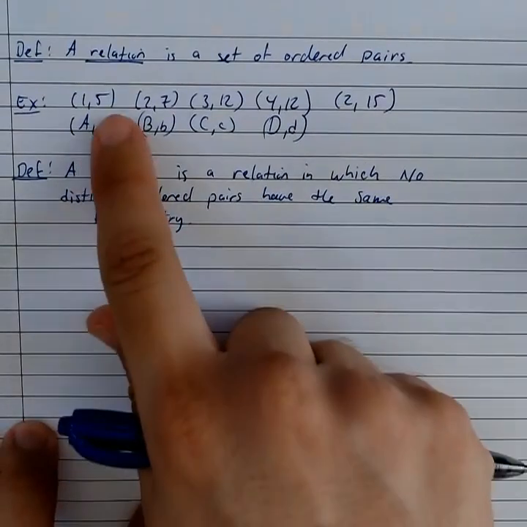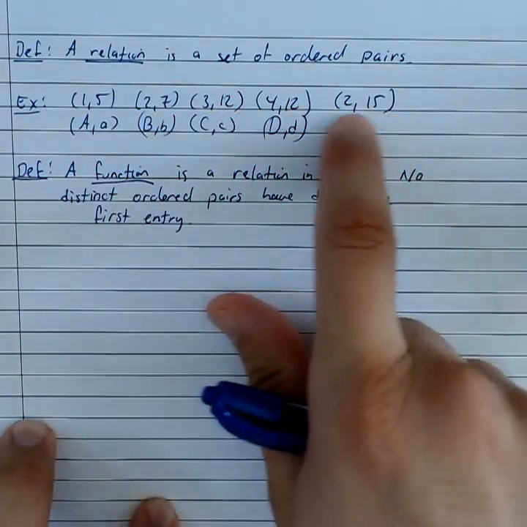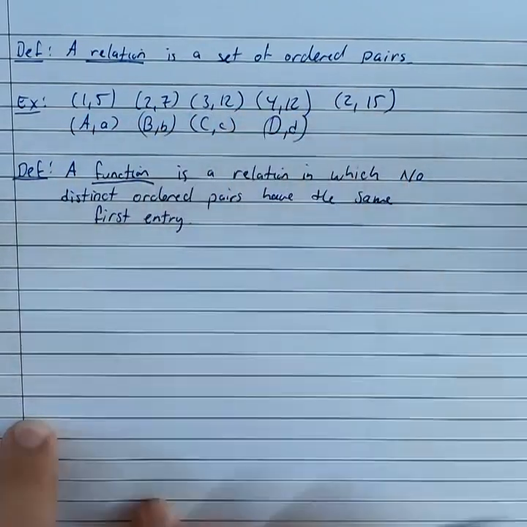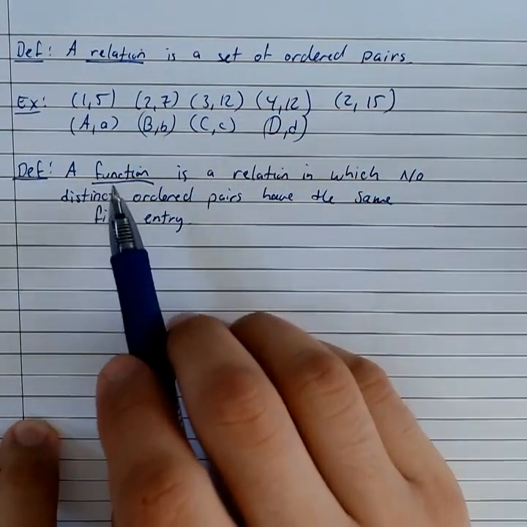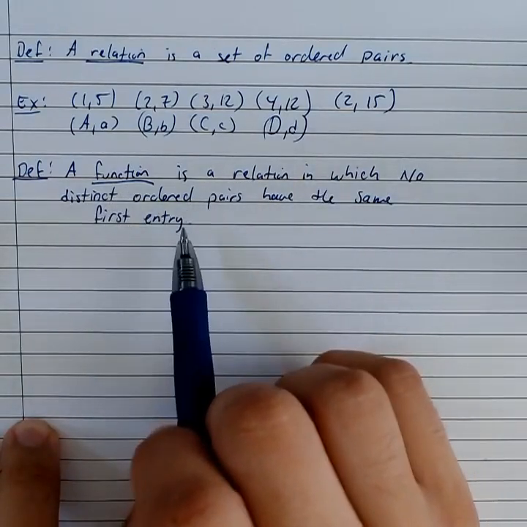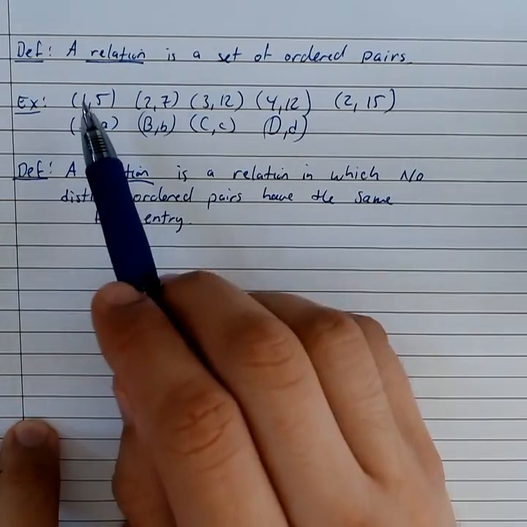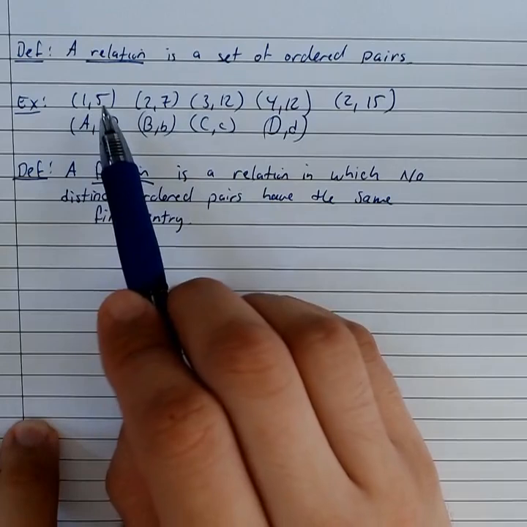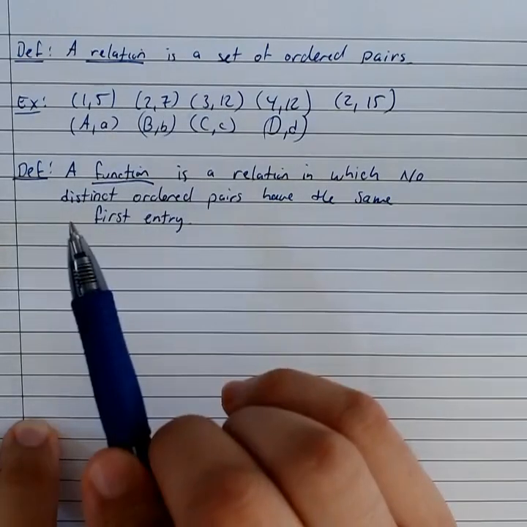So, for example, this up here would not be considered a function. It is a relation, right? Because it is a collection of ordered pairs. But by definition, a function is a relation in which no two distinct ordered pairs have the same first entry. What that means is, well, these are the first entries, the 1, the 2, the 3, like that. The second entries are the 5, the 7, the 12, and so forth.